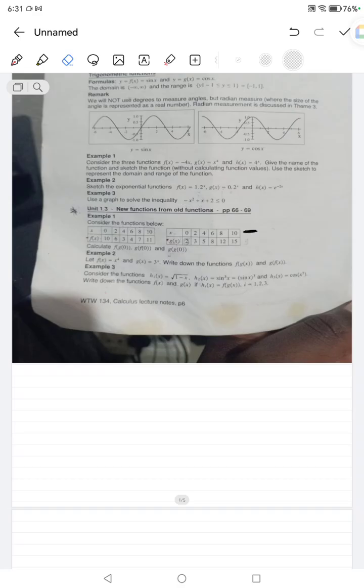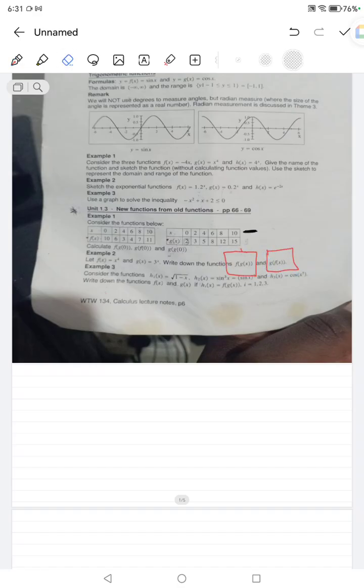So example 2, they said let f of x equal x to the exponent 4 and g of x equal 3 to the exponent x. They say write down the functions f of g of x and g of f of x. From these you can see they've given you this to find and this to find.